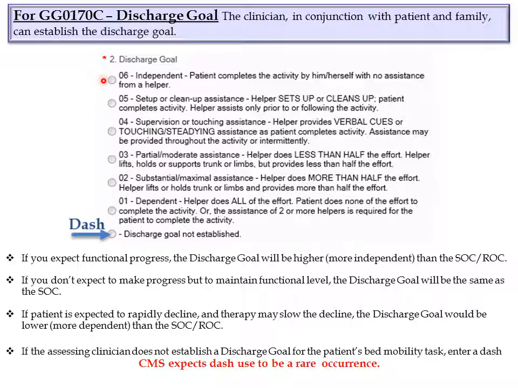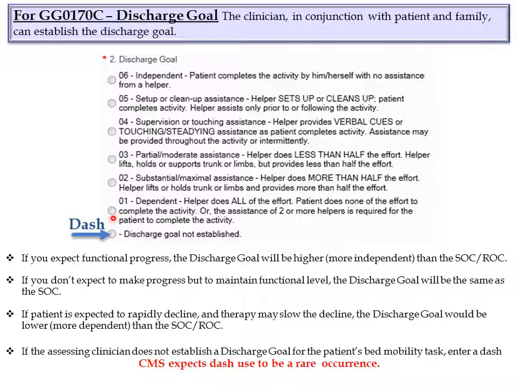And so it's the same 6-point scale going from 6 independent as the first one down to 1, the most dependent at the bottom, and then you also have the dash. This doesn't have the 7, 9, and 88, that they didn't perform it, because this is what you are projecting they hopefully will be able to do by discharge.